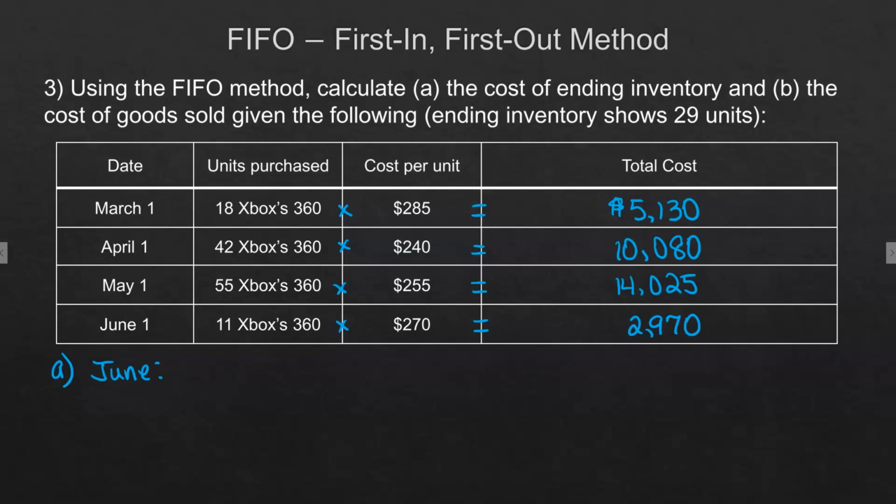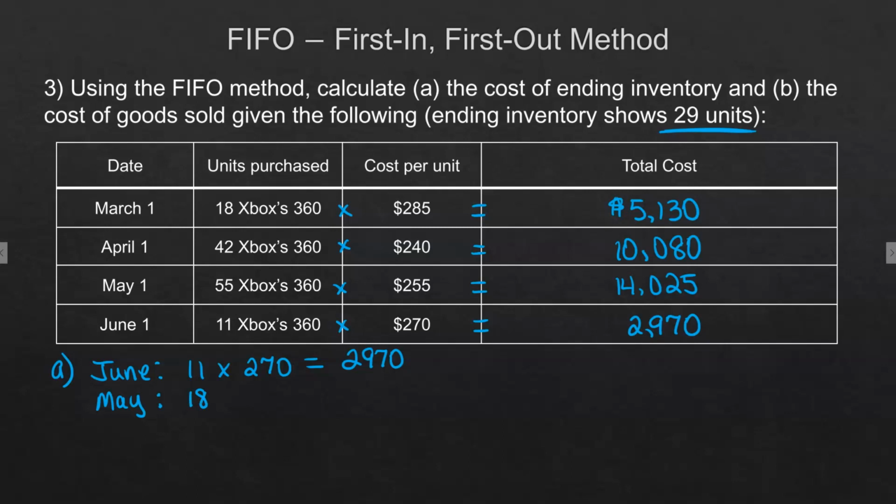And in June, we had 11 X boxes left. So we're going to take 11 times 270. Now we're trying to get a total of 29 units that are in our ending inventory. So that's going to be 2970. And then for May, there are 55 units left, but I don't need 55 more. I need 29 minus 11, which would be 18.